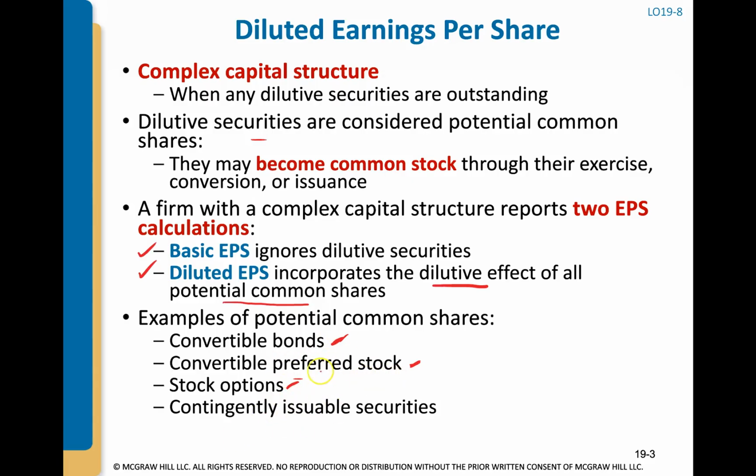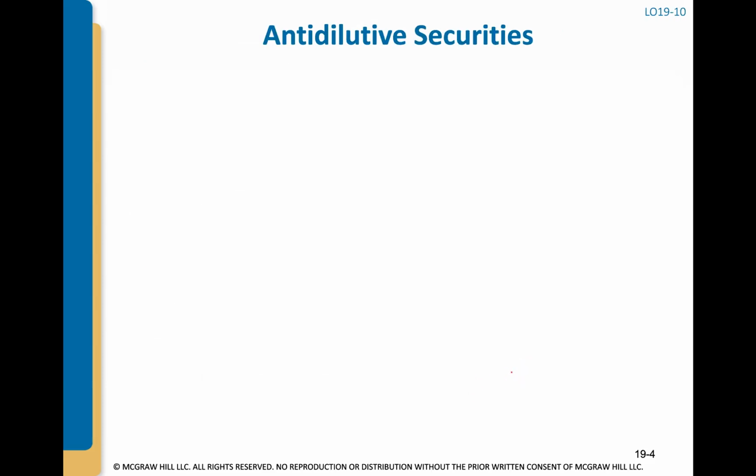If you are not familiar with these items, please go see prior videos. This video assumes that you've watched the videos on basic earnings per share and the two diluted earnings per share videos that came after that, because we're going to keep layering on what we learned in those previous videos.